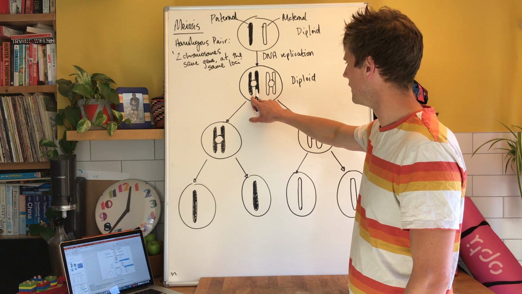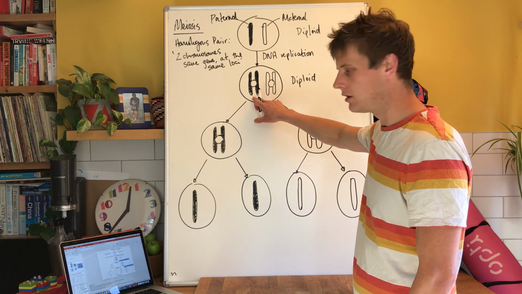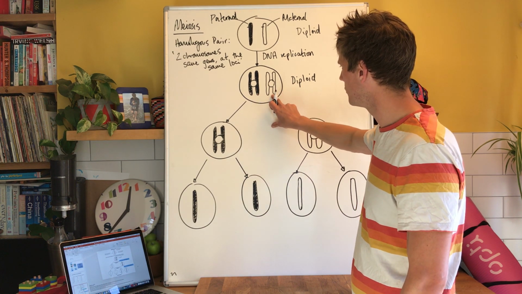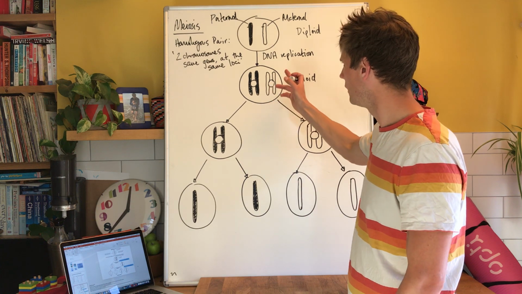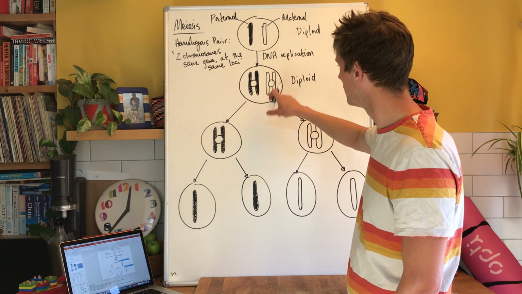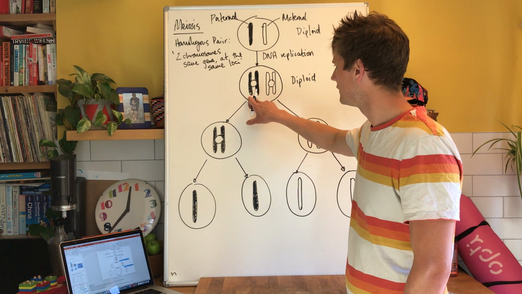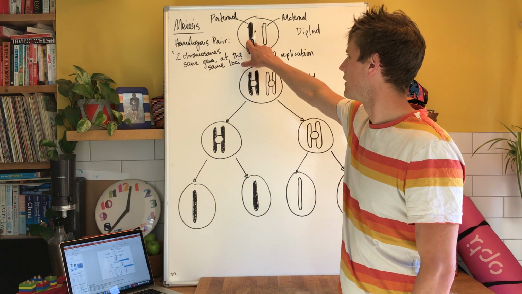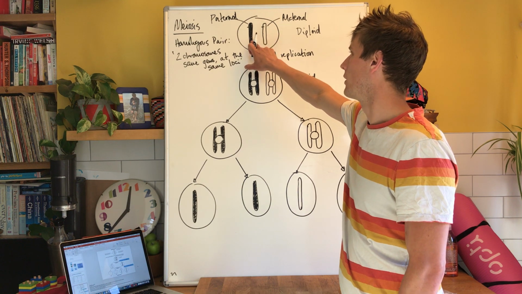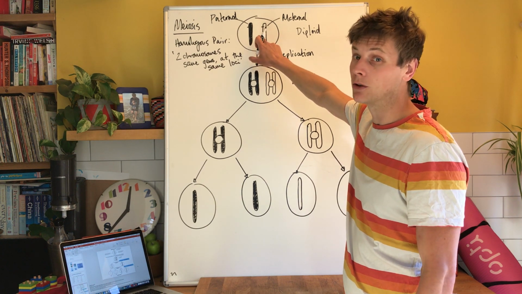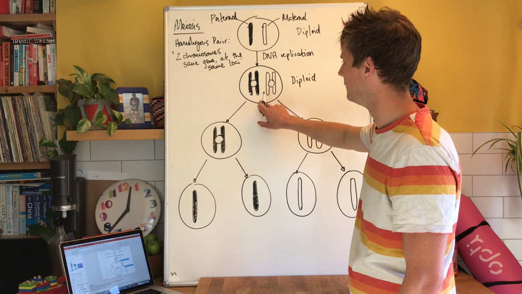So here is the paternal chromosome, here is the maternal chromosome, still existing in their pairs. The only difference now is that the DNA has been replicated. So that strand, or that molecule, is replicated to make an identical copy, and that's shown there.